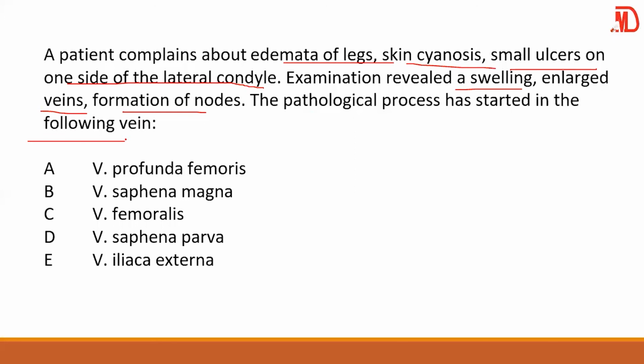Now look at it again. They said there's edema of the leg, cyanosis, small ulcers are formed. There's swelling, enlarged veins, formation of nodes. So what are we looking out for? Definitely, we will be talking about the superficial veins of the lower limb, which give rise to the great and the small saphenous veins.